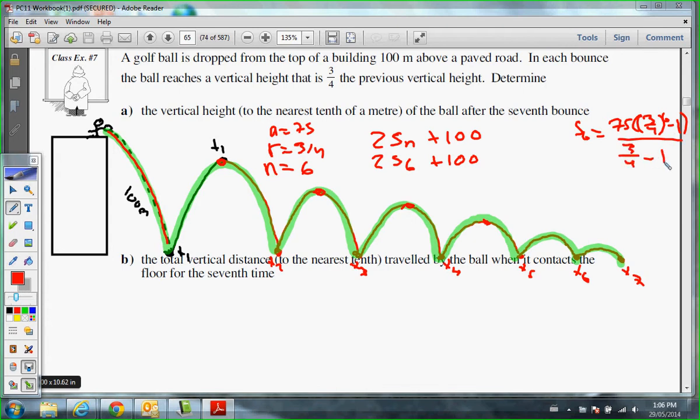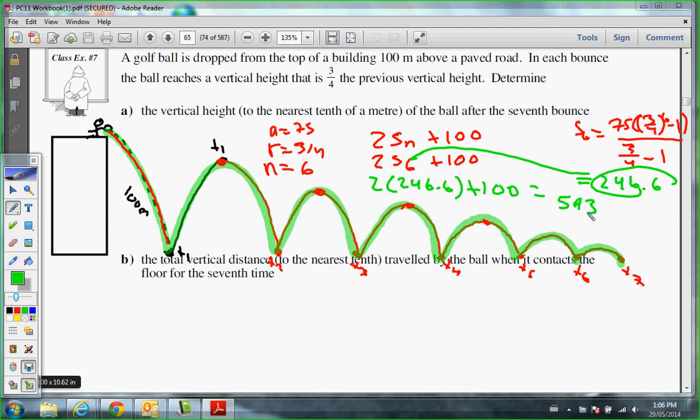I'll put that in my calculator, and this gives me 246.6. I'm going to take that and put it right here. So I want 2 times 246.6 plus 100, and that gives me 593.2 meters. So it travels 593.2 meters.